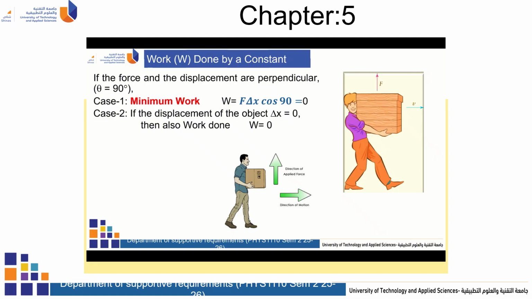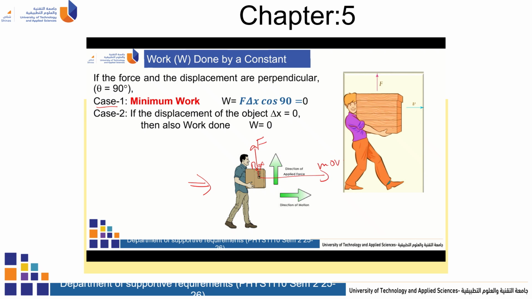For the work to be minimum, this is case number one, meaning one type. In this diagram, the person is lifting a box by some force, and this person is moving in this direction.